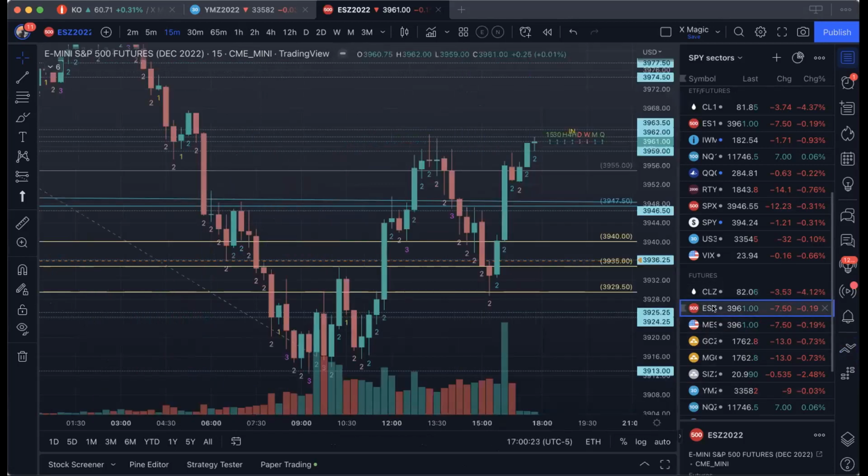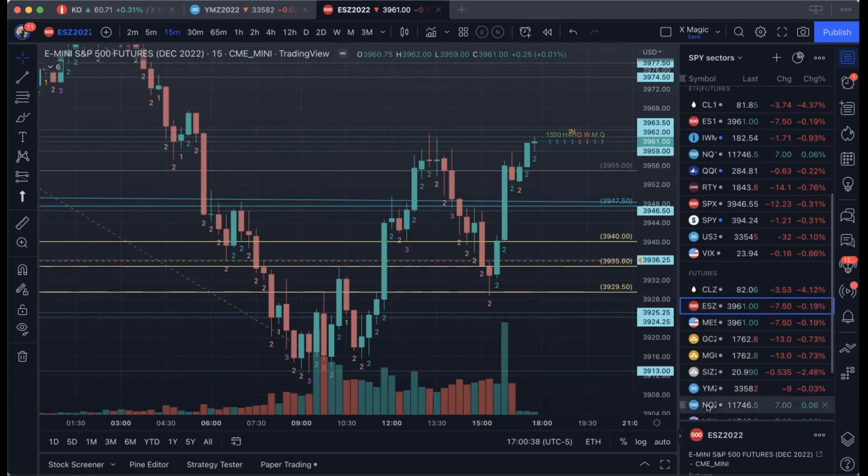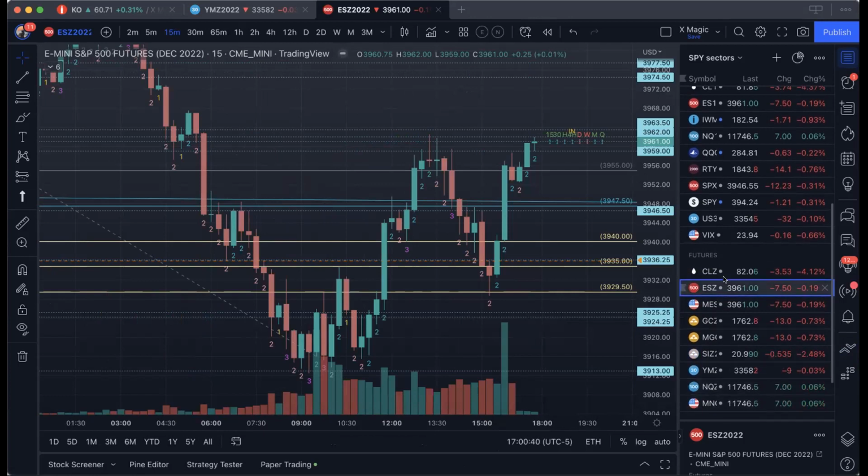ES is CME, gold is COMEX, oil is NYMEX. If I want to trade ES or MES or the NASDAQ, I would need to pay for the CME data, which is I think $12 a month, and they'll give you access to this stuff.